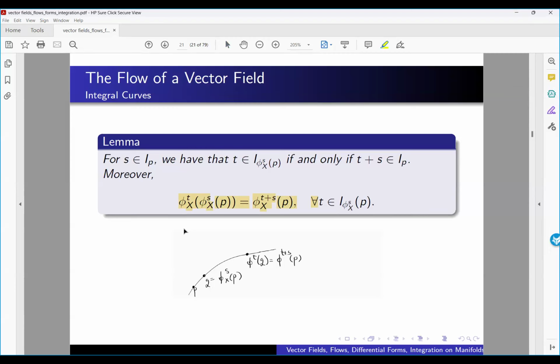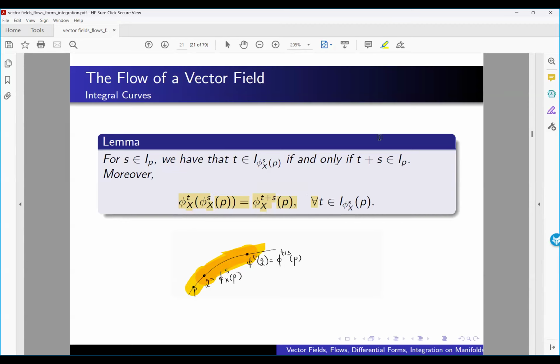So it's like after s seconds, at the moment s you are at phi s, which is here, and then you move another t. So you go from p for s seconds until you reach here, and then you go another t seconds. It's like going from the origin to s plus t seconds. This is what we are writing here.